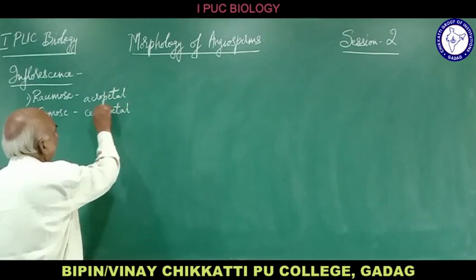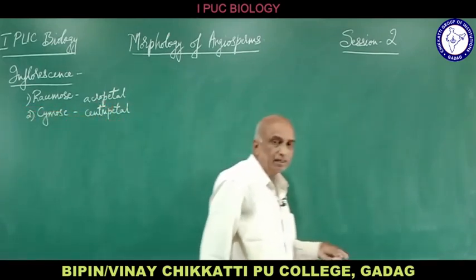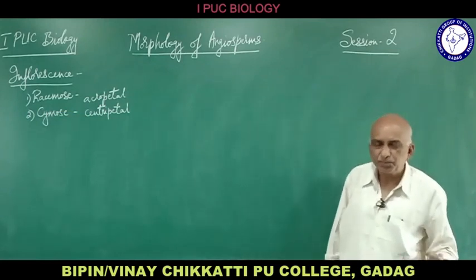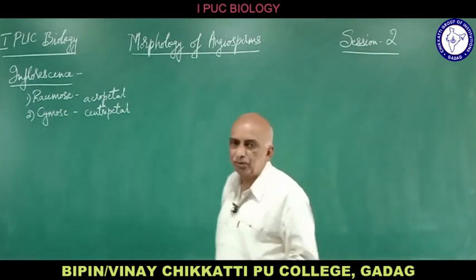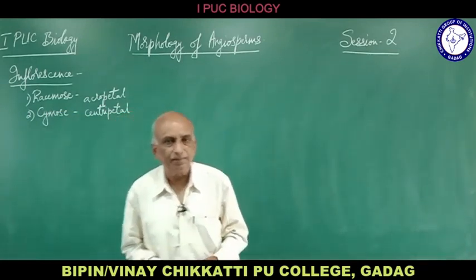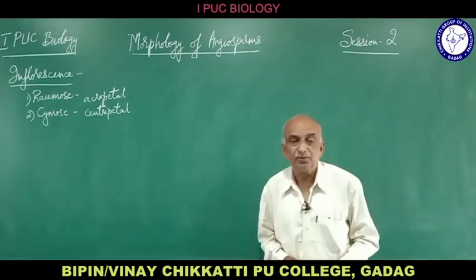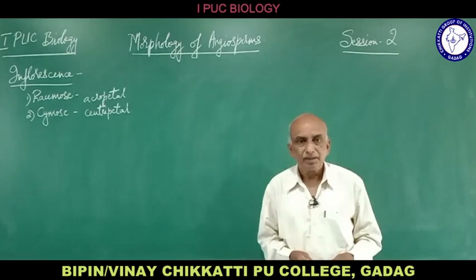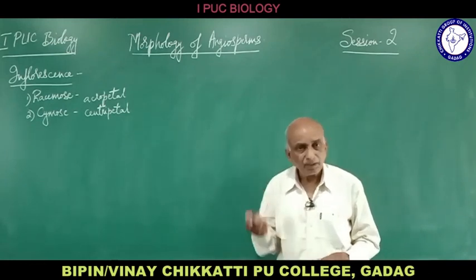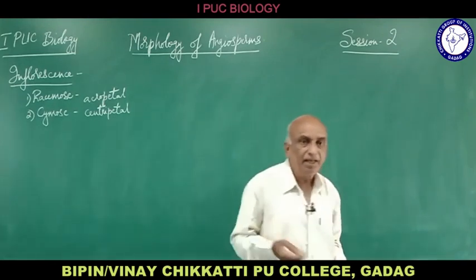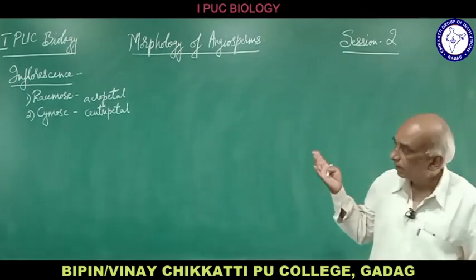That type of inflorescence is called cymose. Racemose is common in mango, coconut, mustard, neem; all these are examples of racemose inflorescence. Cymose: jasmine is a cymose inflorescence. Hamelia and hibiscus are also cymose.